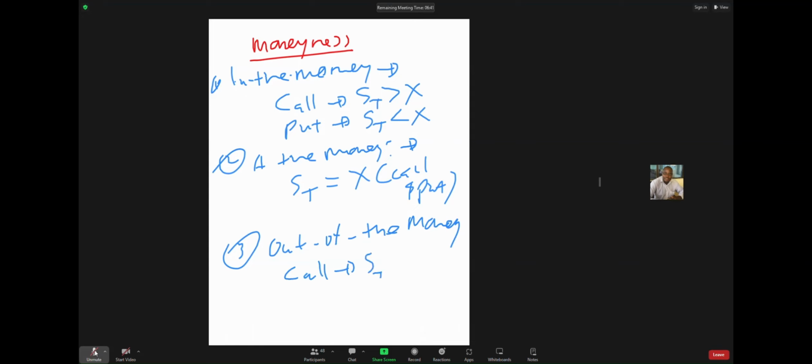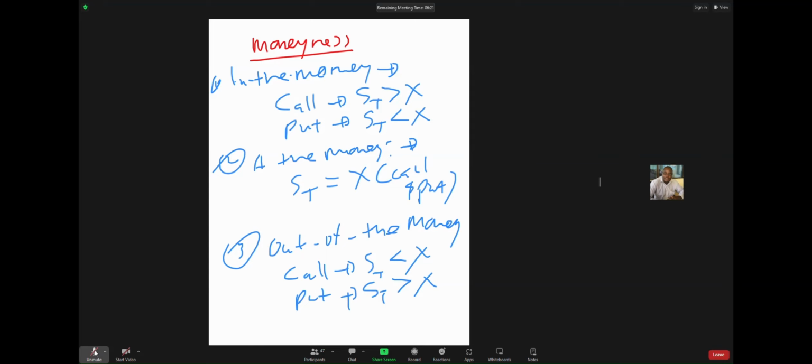When ST for the call is less than X, and for the put, when ST is greater than X. In this case, the payoff is not greater than 0.